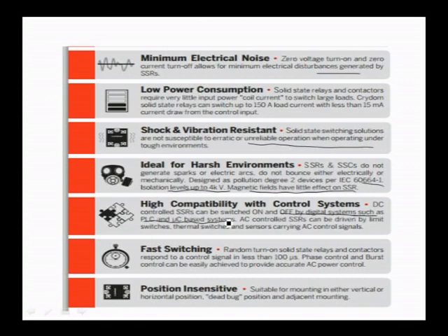AC control SSRs can be driven by limit switches, thermal switches and sensors carrying AC control signals. They have fast switching, with control signal less than 100 microseconds. See the speed of this one. They are position insensitive, suitable for mounting in either vertical or horizontal positions. So these are the various advantages.